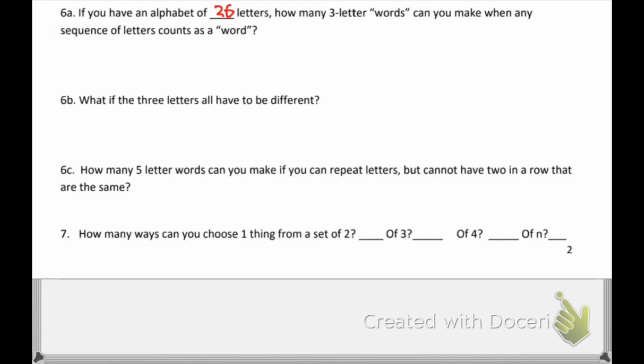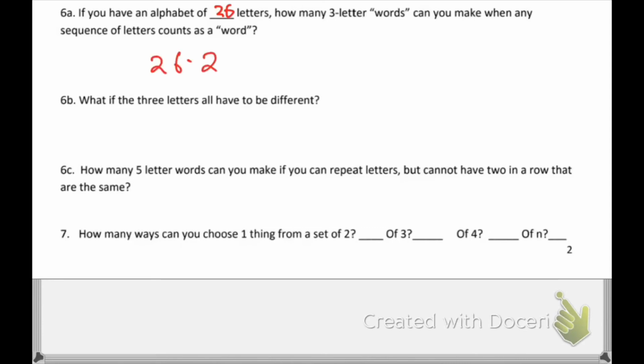It doesn't matter what they say, we're just looking for 3 letters together. Now the question we have to ask ourselves is, does it matter if we repeat? For example, let's say I use A. That's going to be a word, we're going to count that, and the repeating of letters is okay because the question doesn't state otherwise. So for my first letter, I have 26 options.